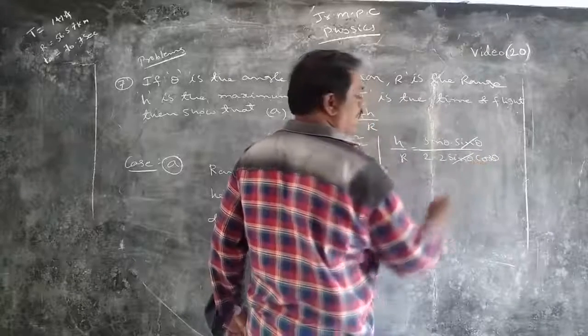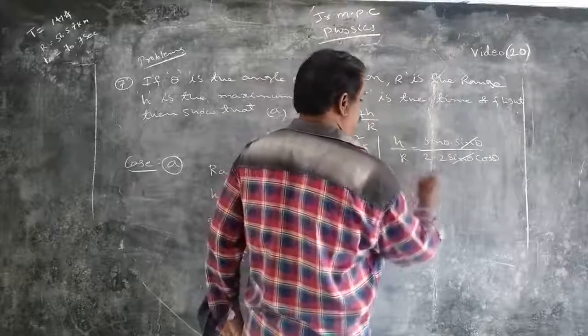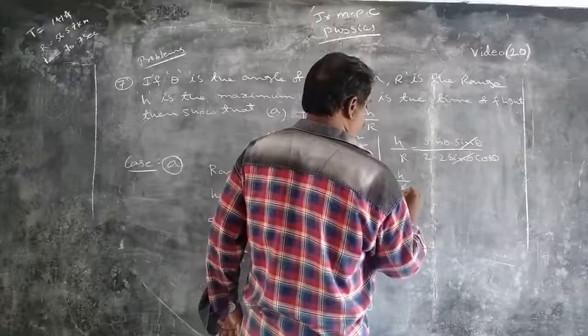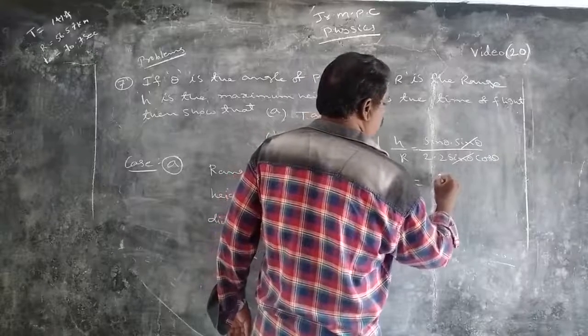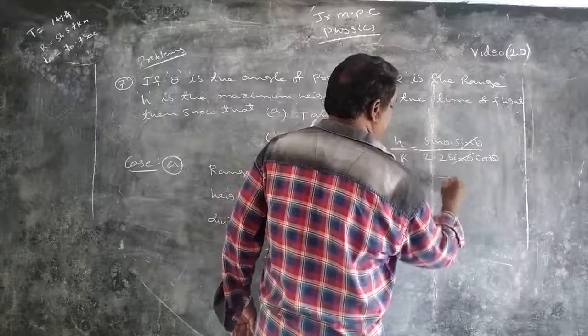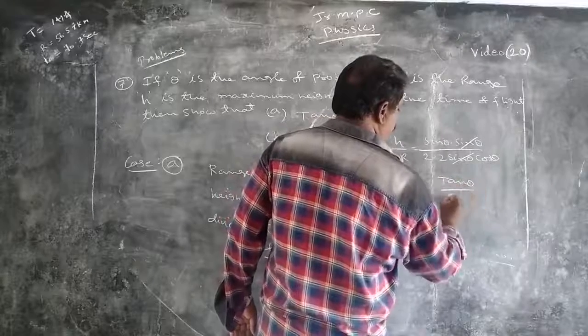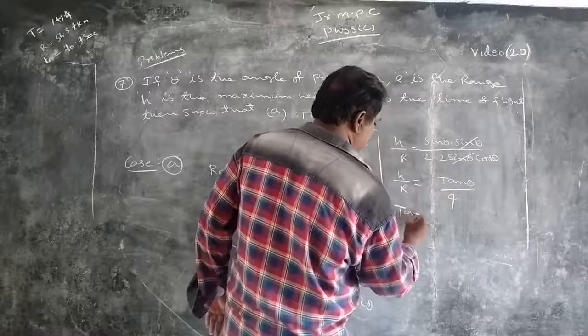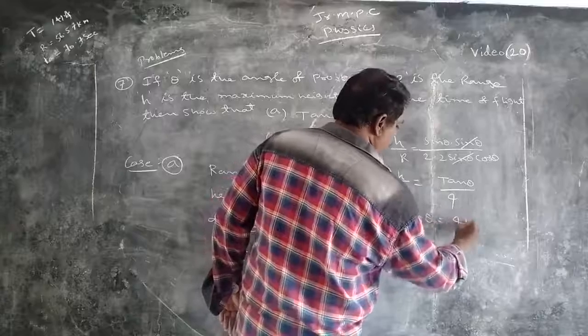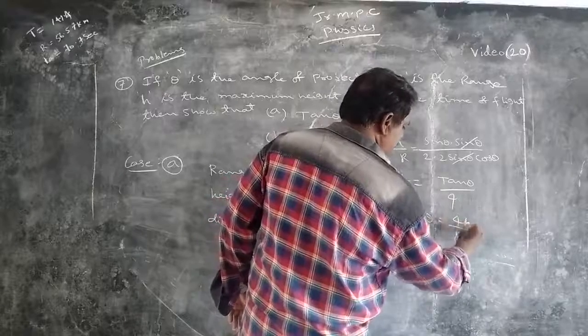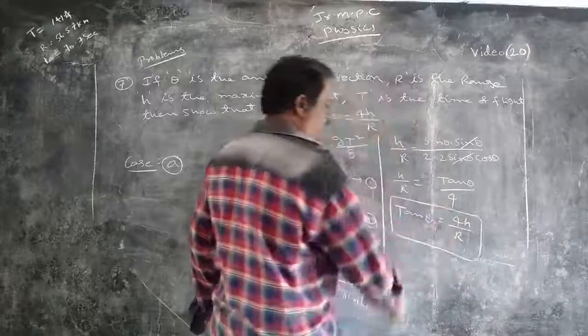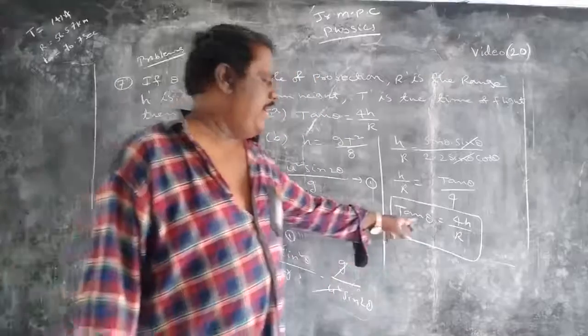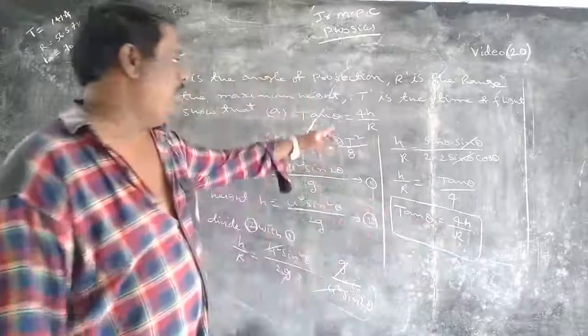Sin theta by cos theta is nothing but tan theta. 2 into 2 becomes 4. H by r is equal to tan theta by 4, or tan theta is equal to 4h by r. Hence we have proved the first case. First case value will be tan theta is equal to 4h by r. That is only what they are asking.